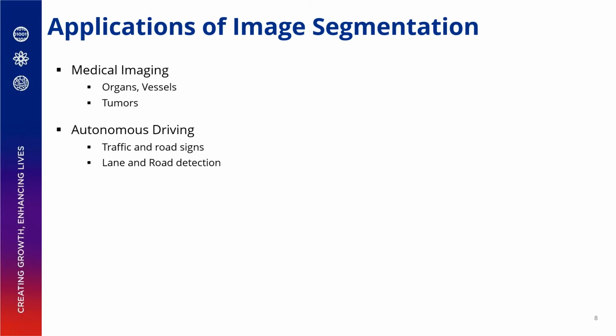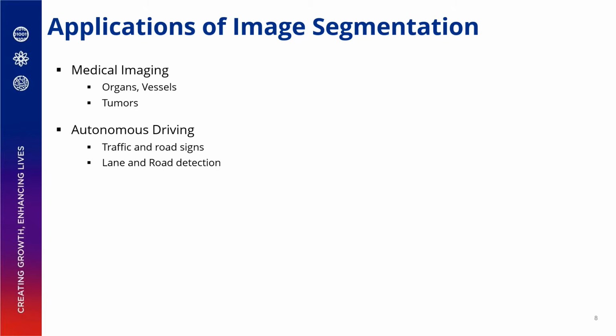Most of the image segmentation required in medical imaging is usually 3D because you're dealing with 3D X-ray scans or CT scans, which are essentially voxelized data that we'll look at when we get to 3D segmentation.